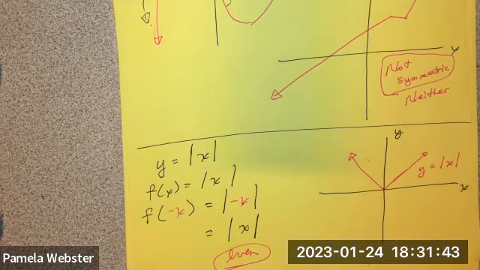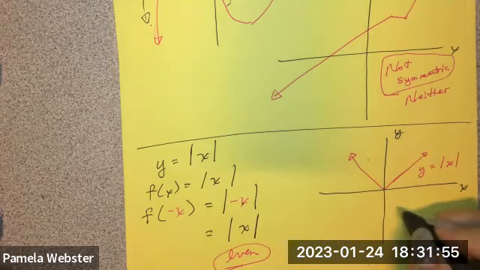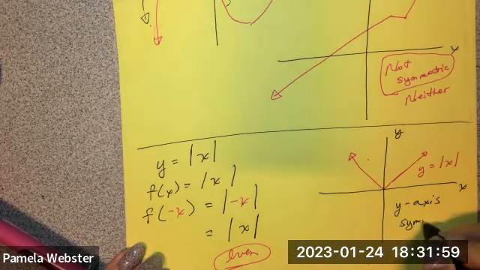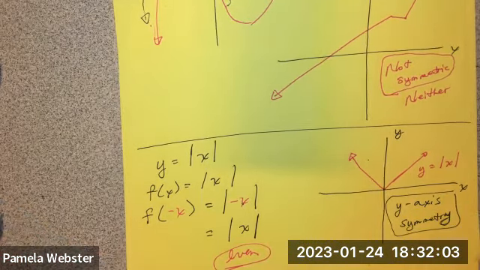So when I look at that graph, I say, oh, he has symmetry around the y-axis, right? If I folded this, this piece would fall over on top of this one. So again, you can see how these line up. So this is y-axis symmetry. And the function is even, okay? So hopefully that falls out for us, okay?